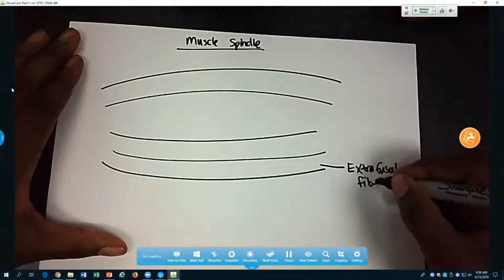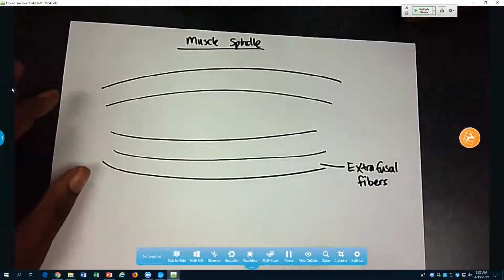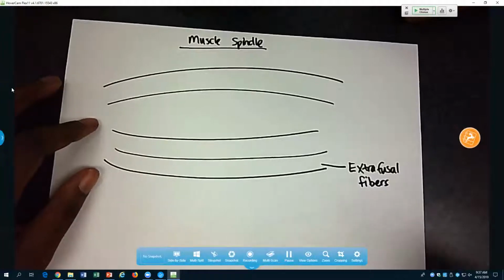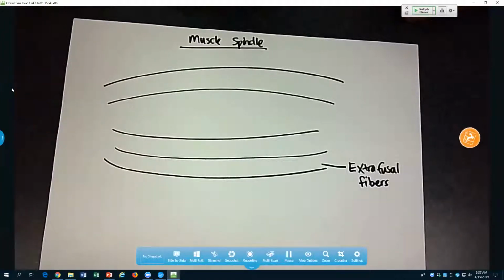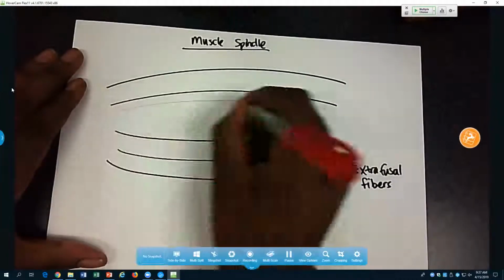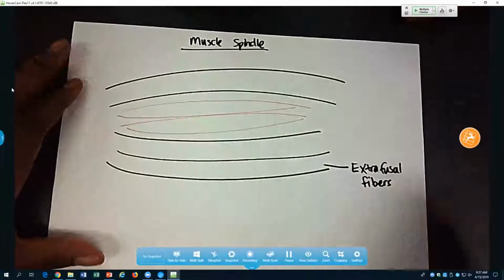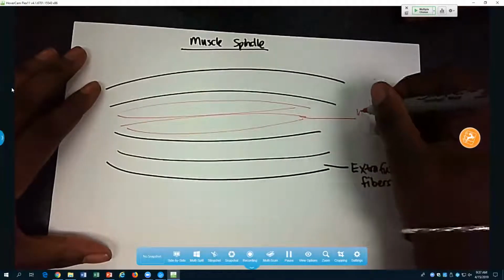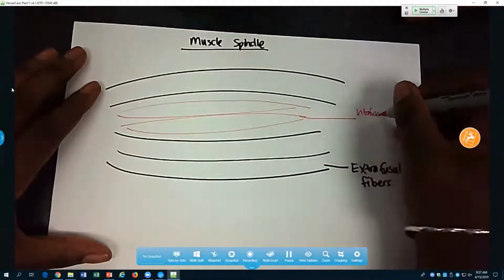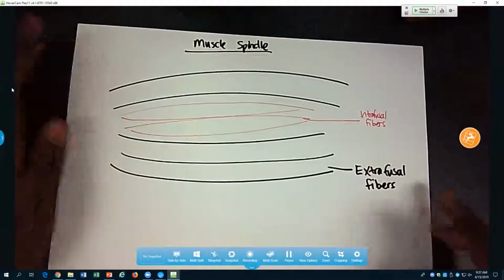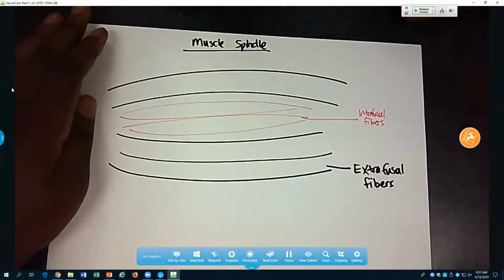These are the contractile fibers of the muscle itself, whereas internally, we have this modified region of the muscle called the spindle, and this is essentially made of the intrafusal fibers and the nerve endings that are associated with these fibers.